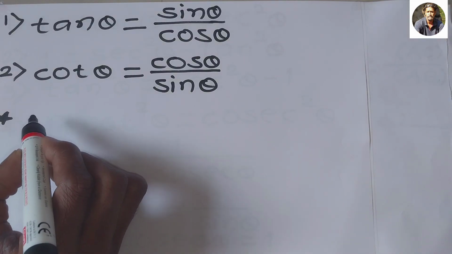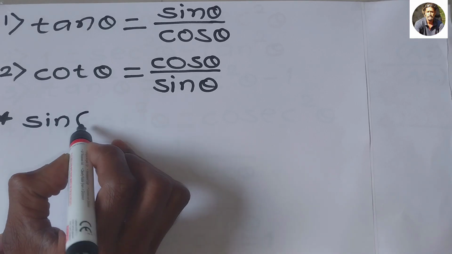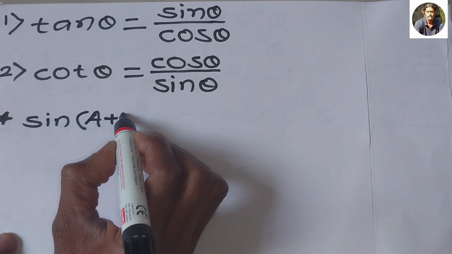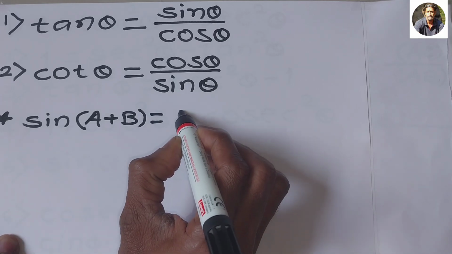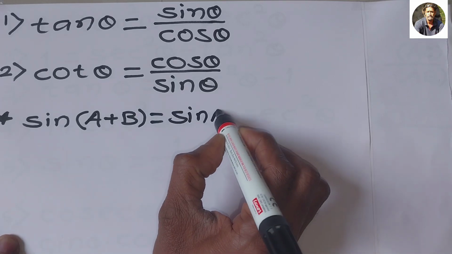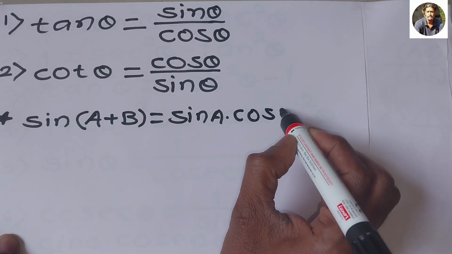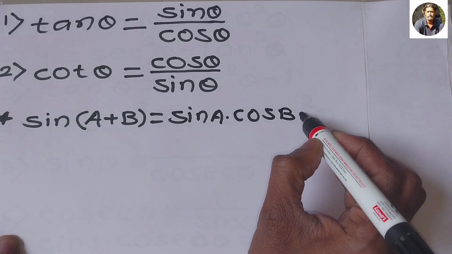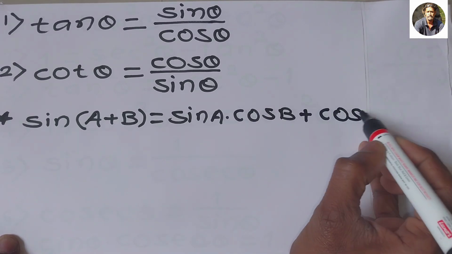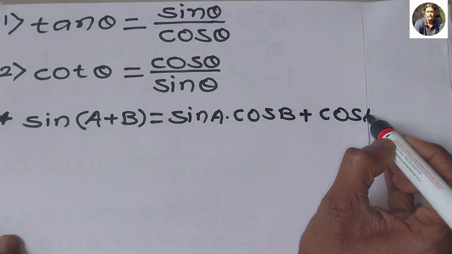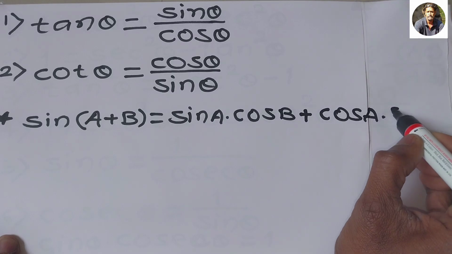First one, sin of A plus B is equal to sin A into cos B plus, reversed here, cos A into sin B.